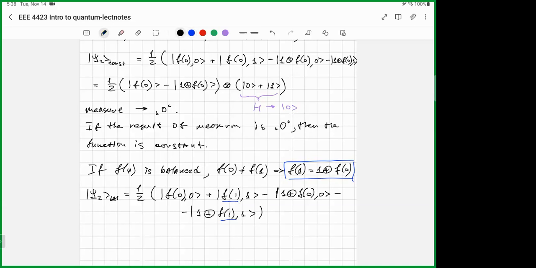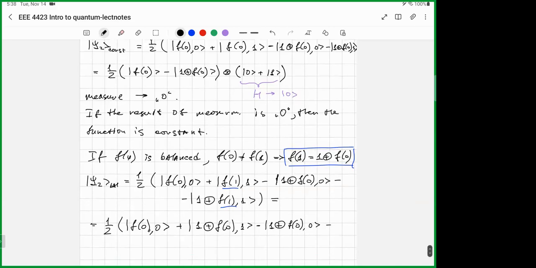So it's going to be equal to 1/2, then function f0, 0 state plus state 1 plus modulo 2 f0 state 1 minus 1 plus f0 0 minus state 1, where 1 plus modulo 2 1 plus modulo 2 gives us 0 plus f0 modulo 2, which is equivalent to just the value of f0, state 1.